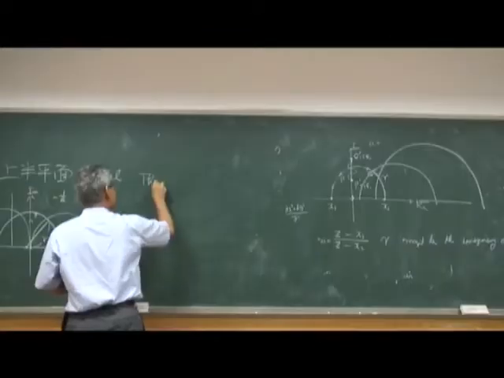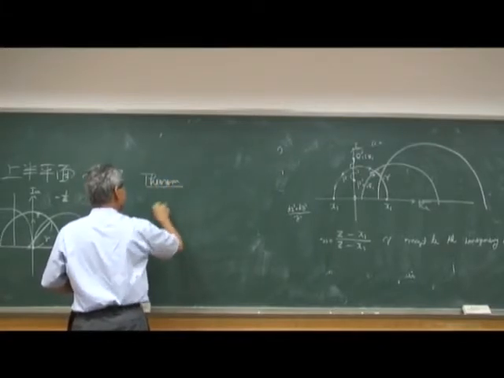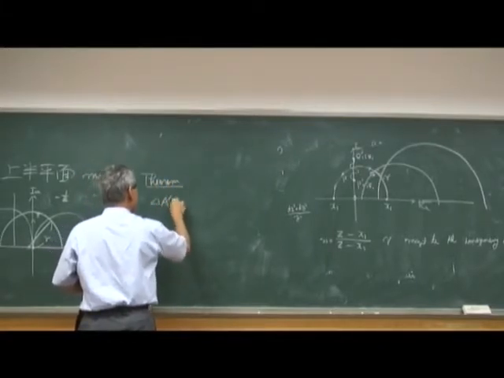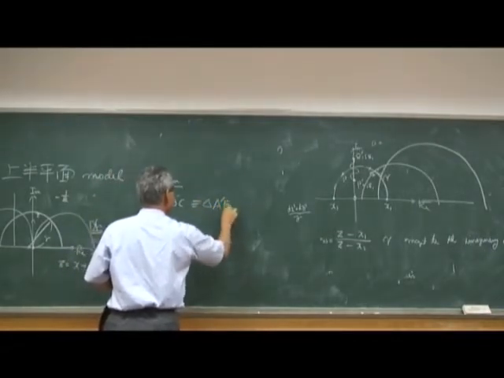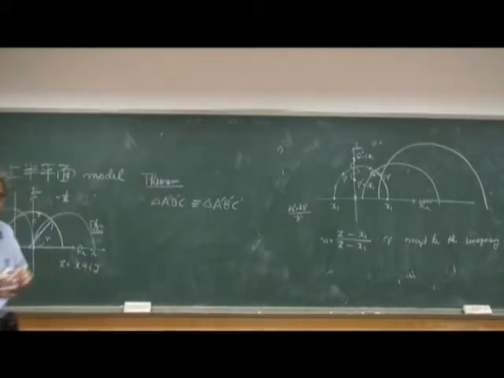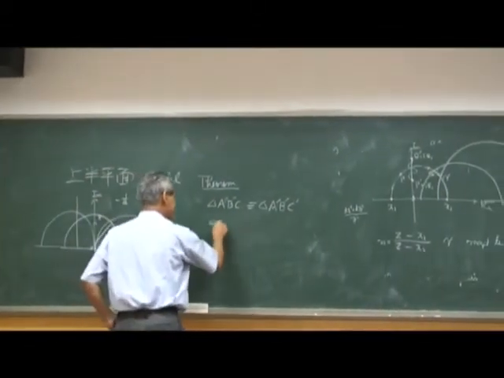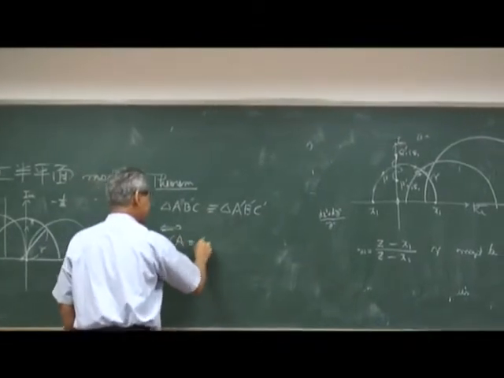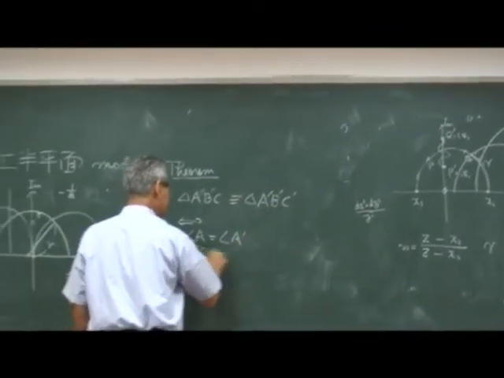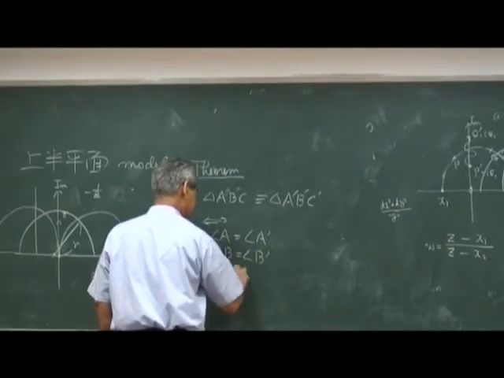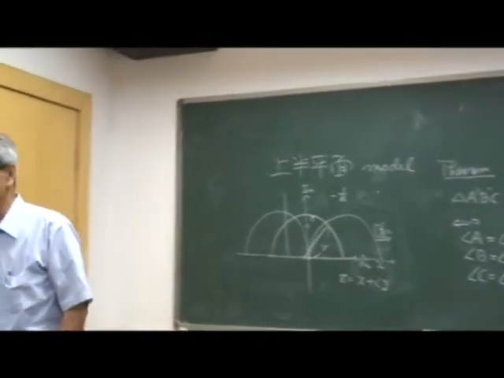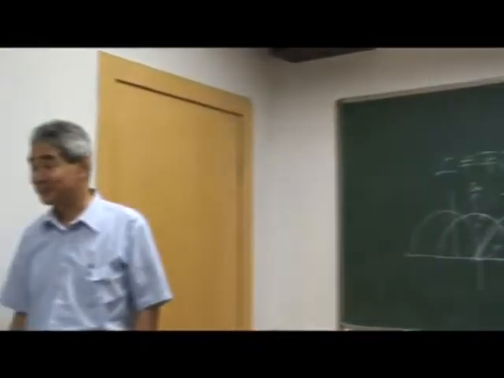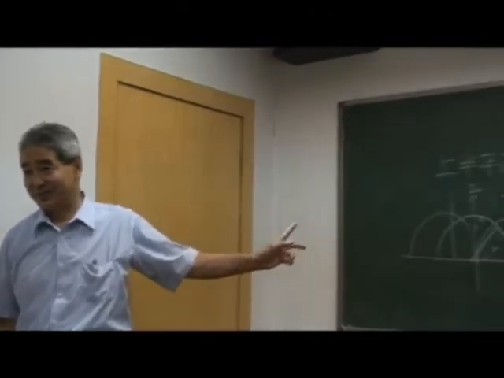Okay, so triangles are congruent, so they have the same shape, if and only if the corresponding angles are the same. It never happens in the Euclidean case.